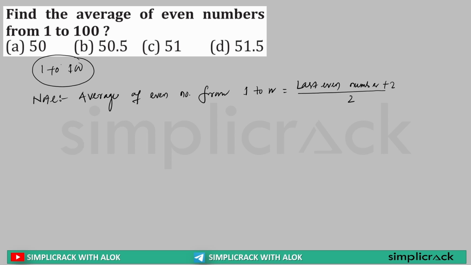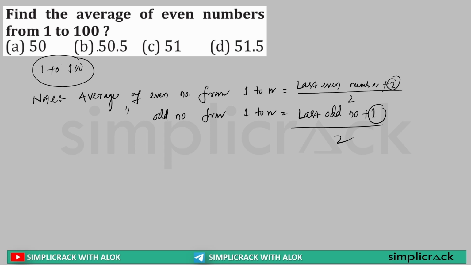Or if it says find the average of odd numbers from 1 to n, then what will we do? Sir, last odd number plus 1 divided by 2. In terms of even, we are adding plus 2 divided by 2. In terms of odd, we are adding plus 1.